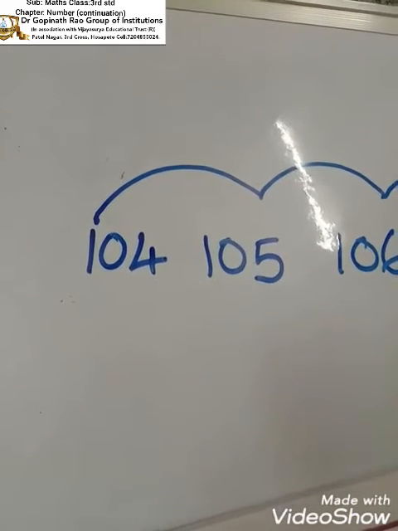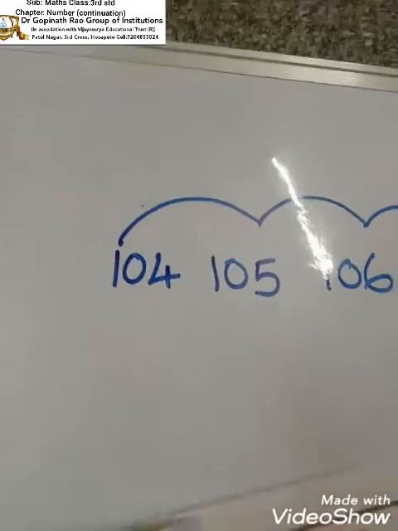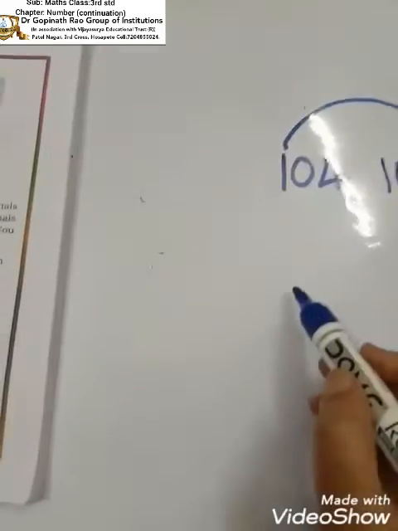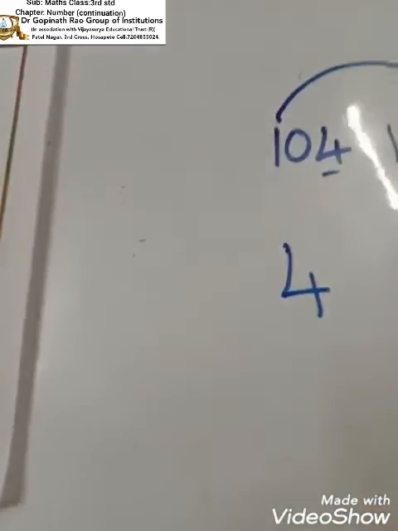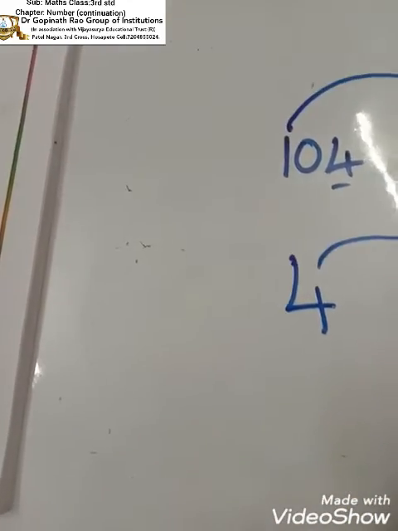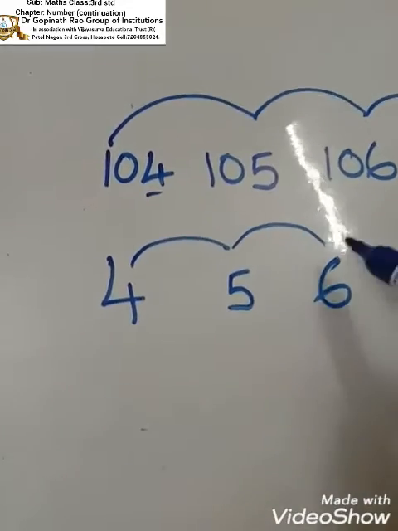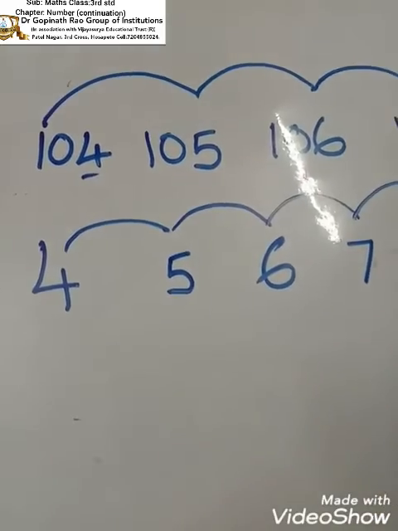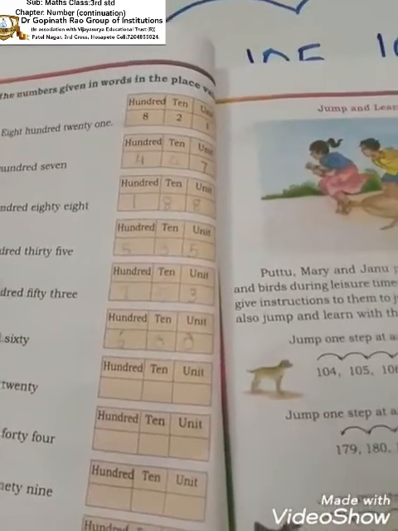So next step 107, again jump 108. If I take an example from 1 to 10, then it will be easy for you. Let me take 4. One jump means 5. One jump means 6. Another one jump means 7. They are asking to jump only once, in the forward direction.